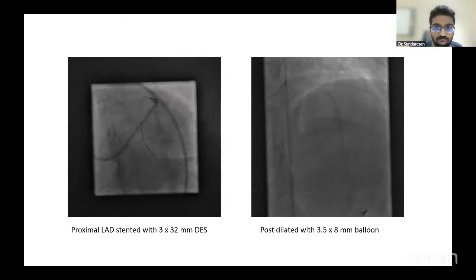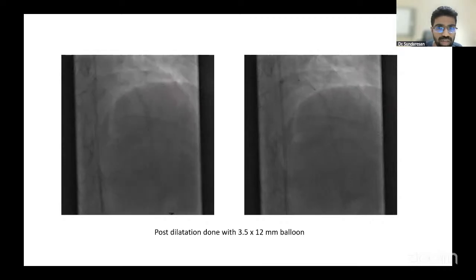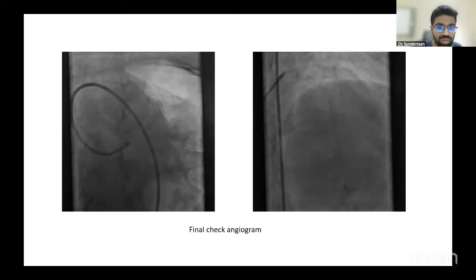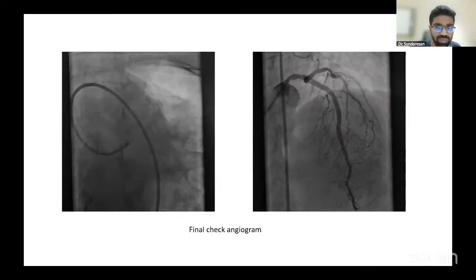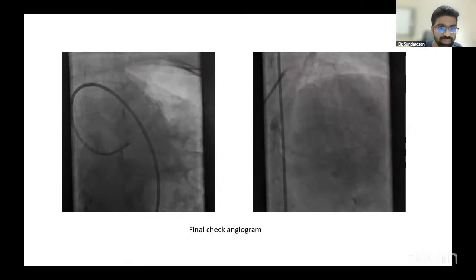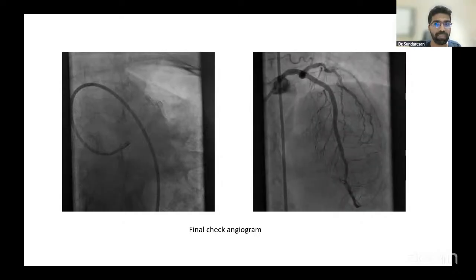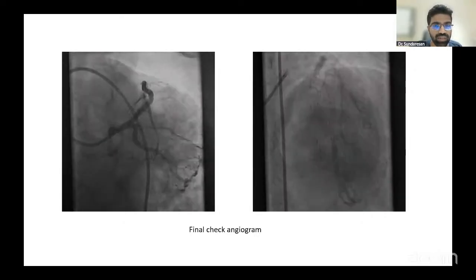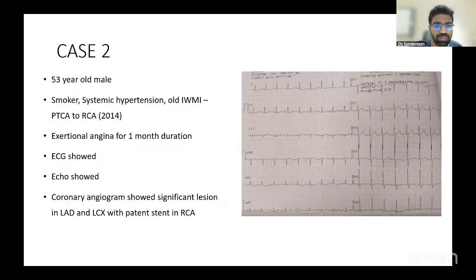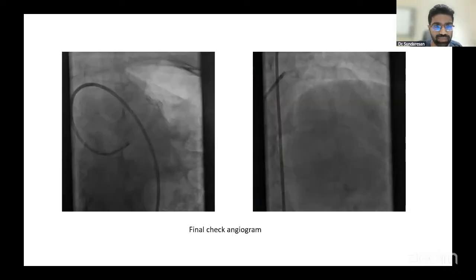And we eventually post-dilated it with a 3.5/8 mm balloon. After post-dilatation, this was the final result of LAD. And then RCA was planned electively at a later stage.